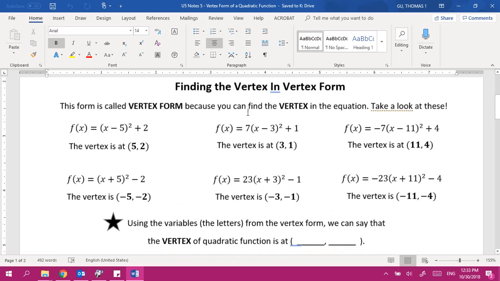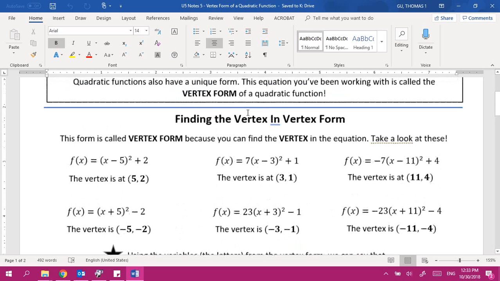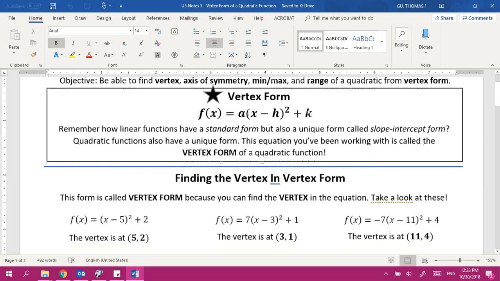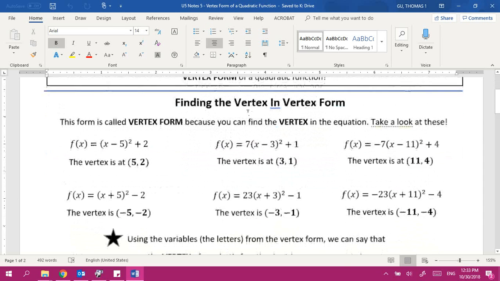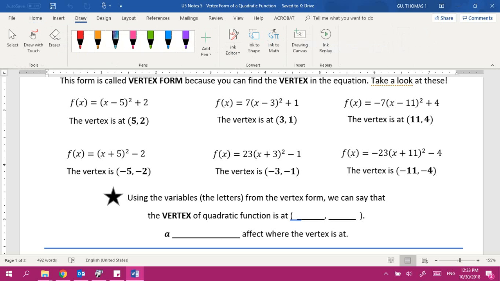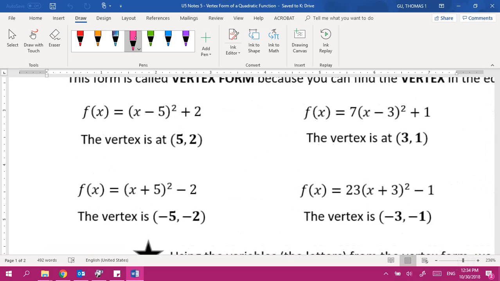Okay, now you guys might have seen a pattern. So using the variables or the letters from the vertex form, you see vertex form up here, a times x minus h squared plus k. Using those variables, we can say that the vertex of a quadratic function would be at what? Using the variables. hk, that's right, h and k.